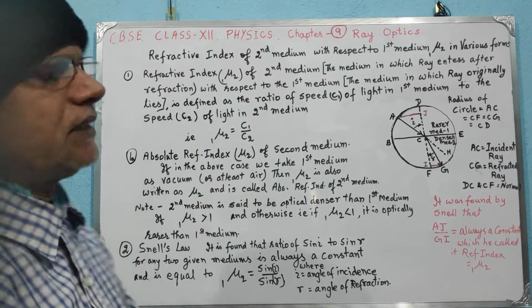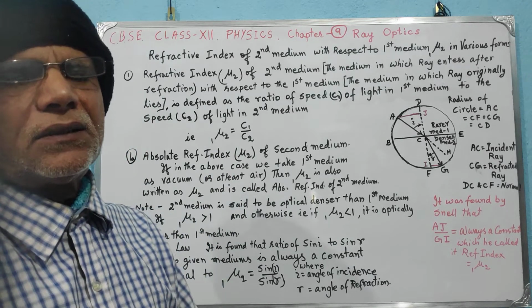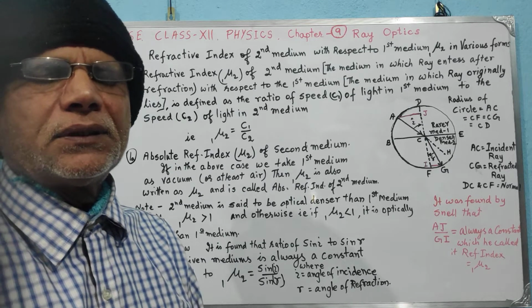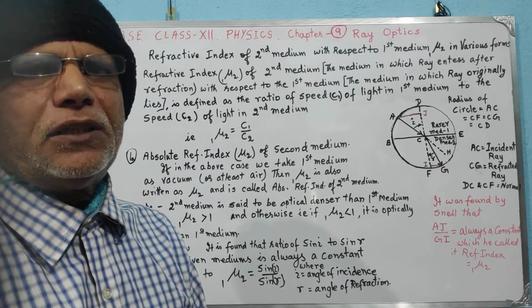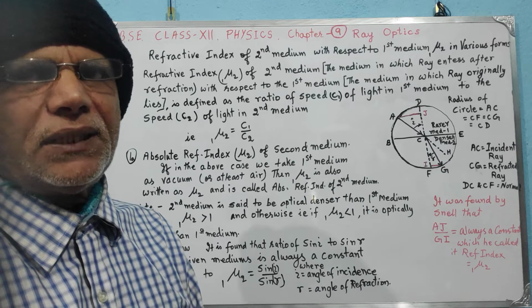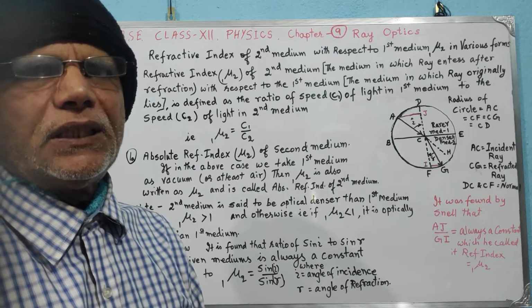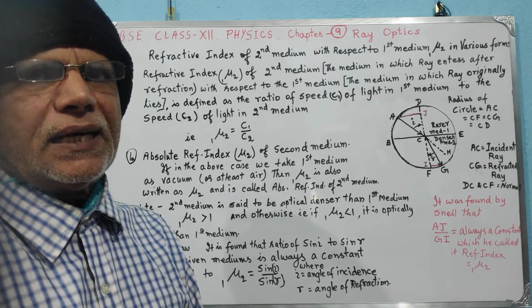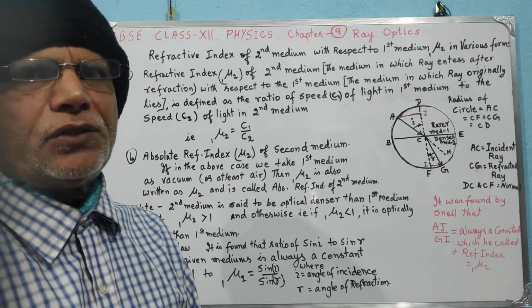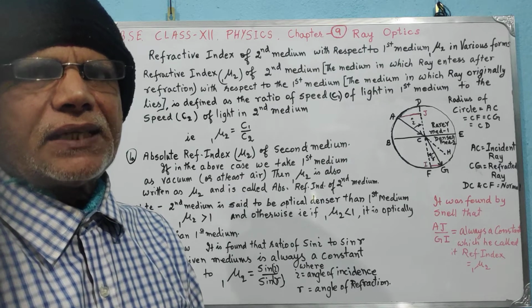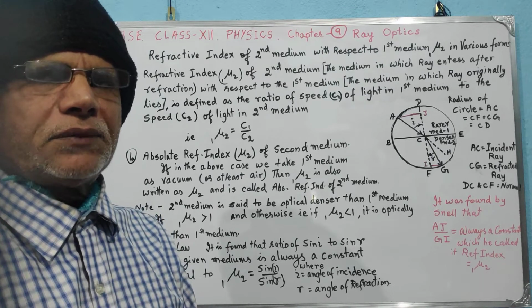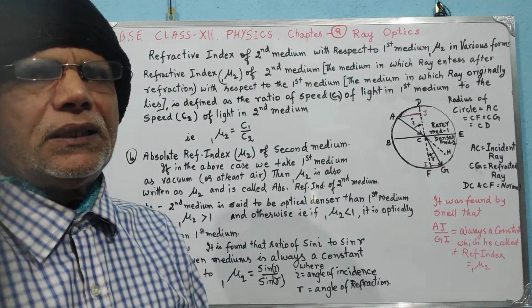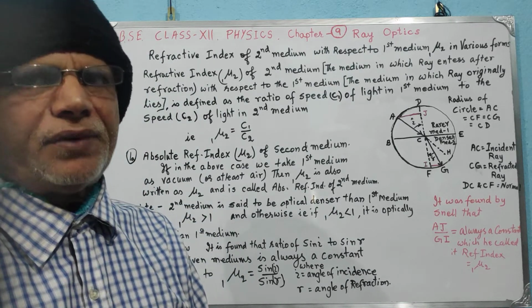The basic definition for refractive index of light is defined as the ratio of speed of light in first medium to the speed of light in second medium, and that is always equal to a constant which is known as refractive index of second medium with respect to first medium. We must be very careful about the meaning of second medium and first medium.